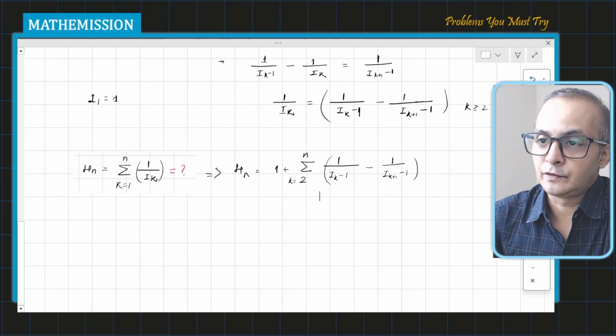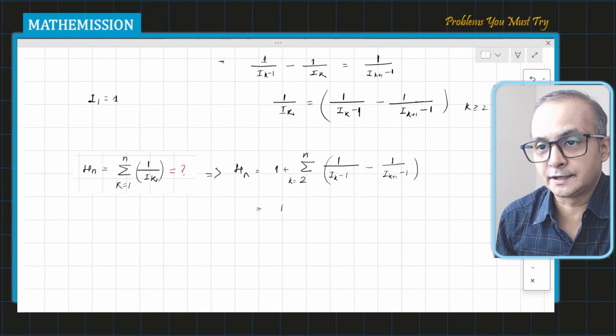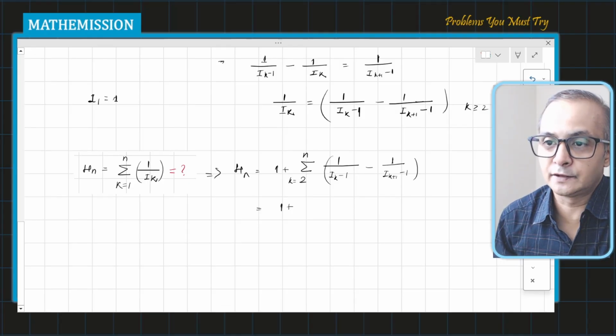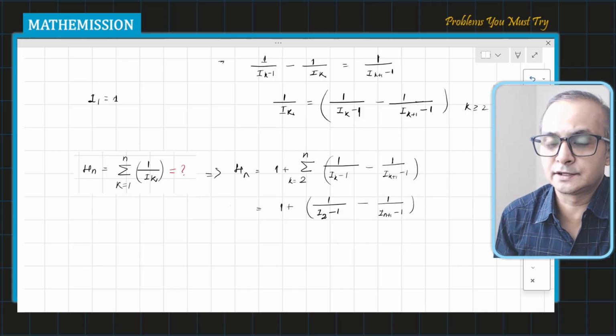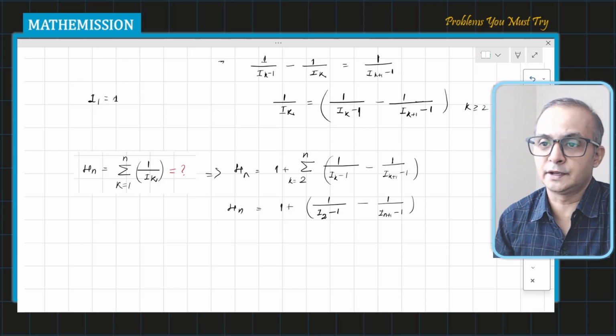So if we add them up, what we get is 1 plus the first term here, that is 1 by i_2 minus 1, and minus 1 by, in place of k it will become n, so i_n plus 1 minus 1. So this is the result we got after summing it up.